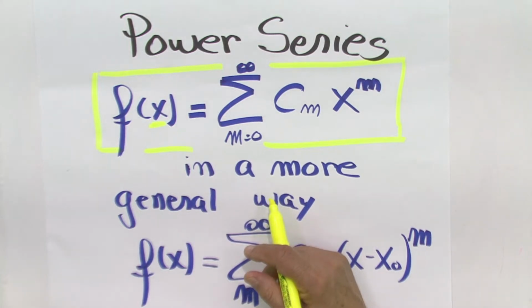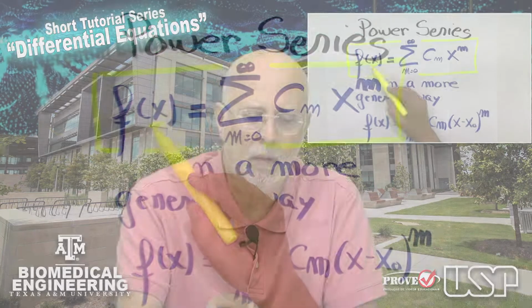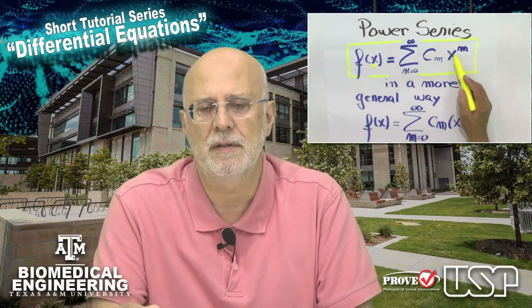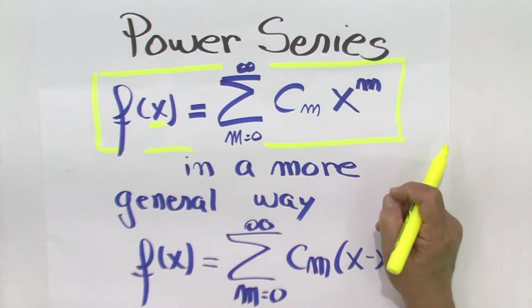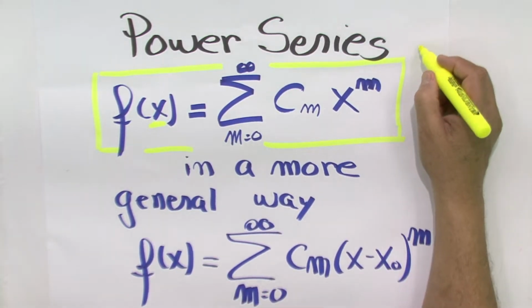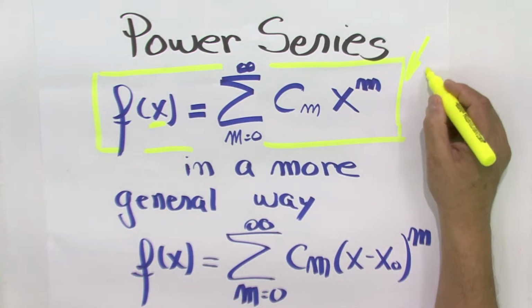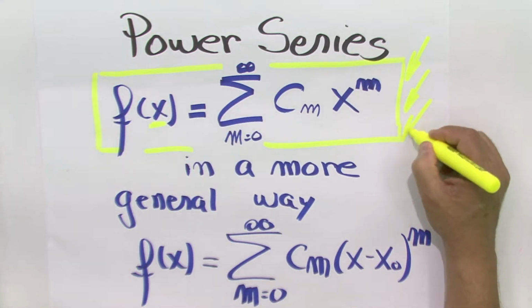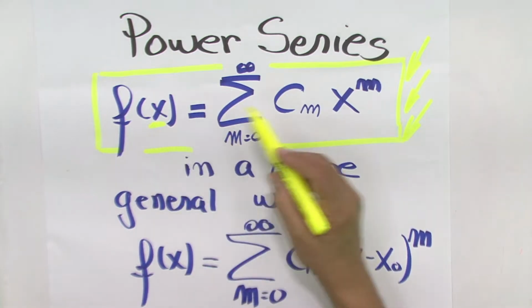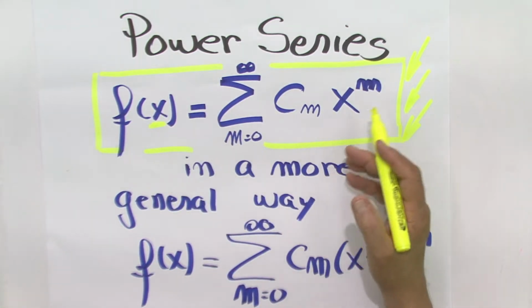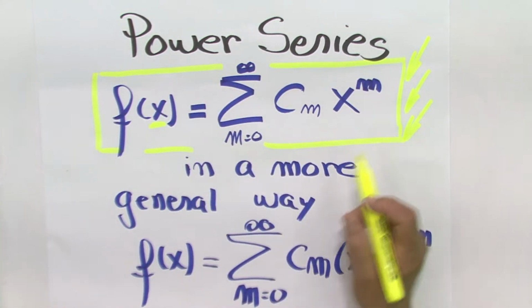And what's interesting is that a lot of functions, most of them, can be written as a power series. In general, there are methods to expand functions, we call it expansion in powers. So any function, most of them, can be expanded in terms of a power series.